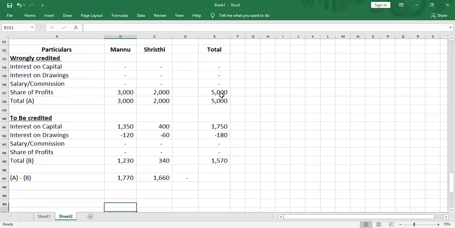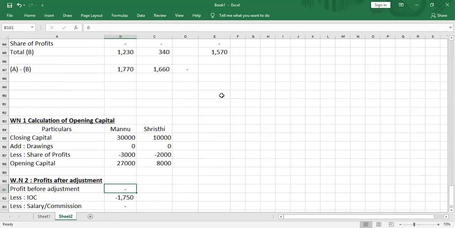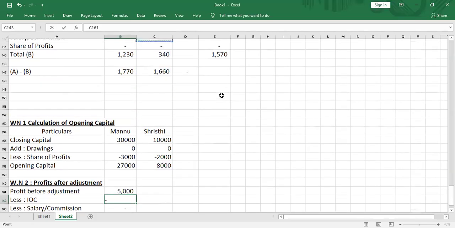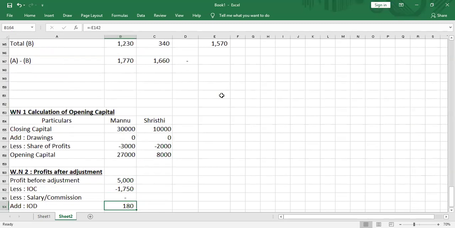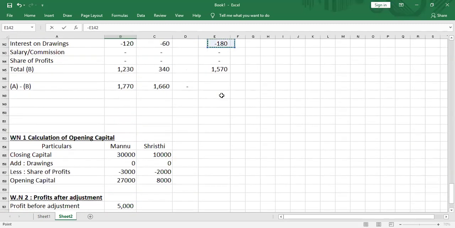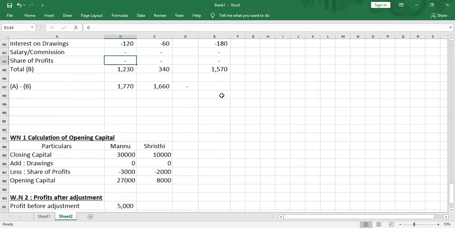I'm sorry. Share of profits, my dear children. The earlier profits were 5,000. Interest on capital was 1,750. There's no salary or commission. Interest on drawings happens to be minus 180. And therefore, the new profit is 3,430.